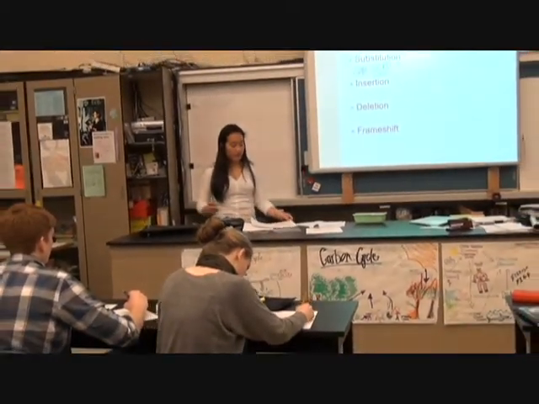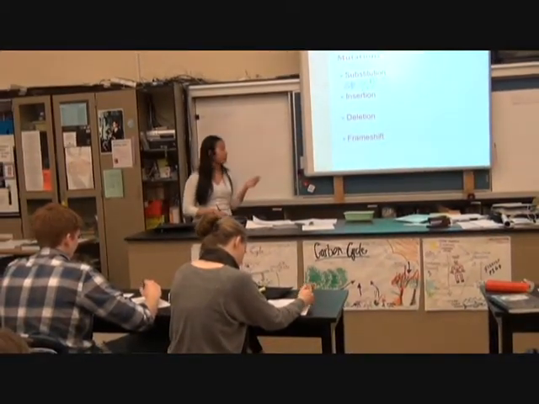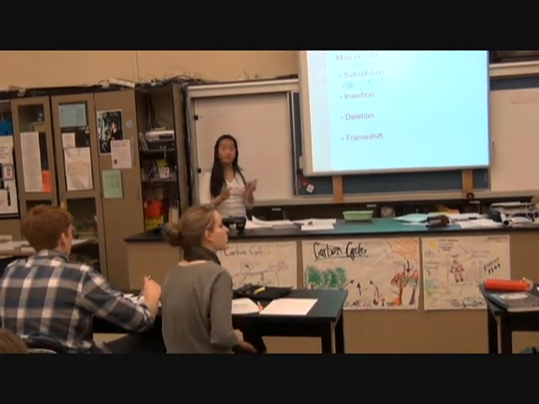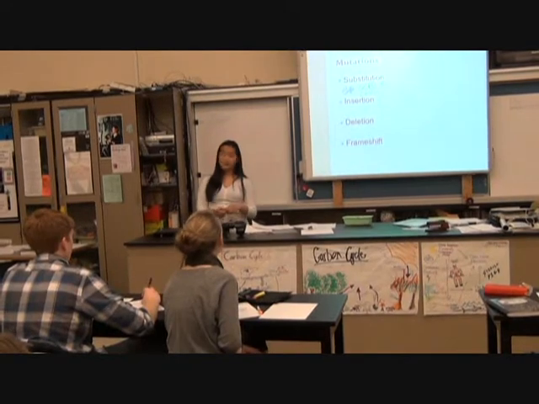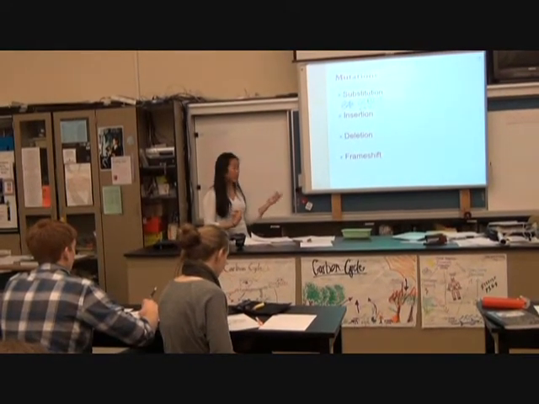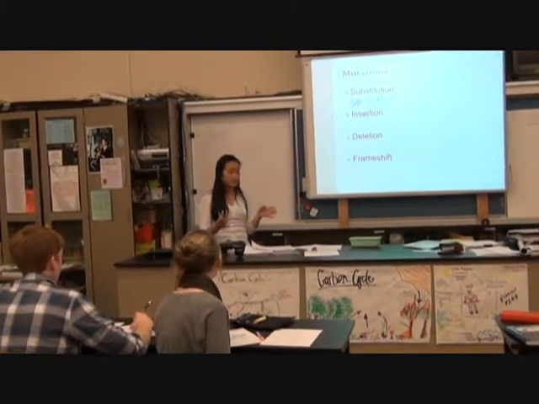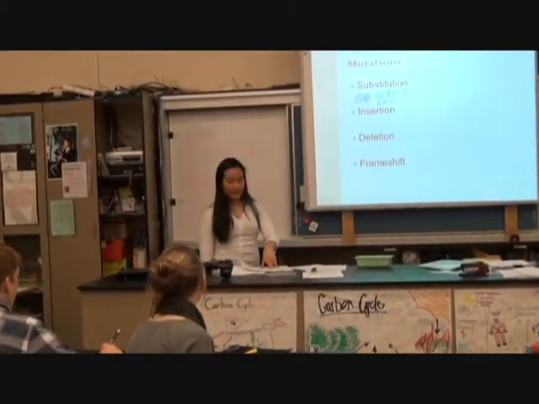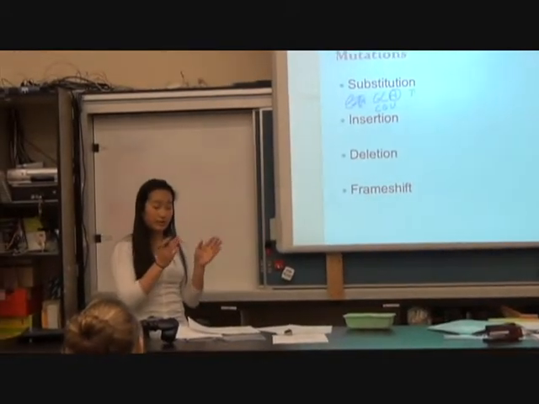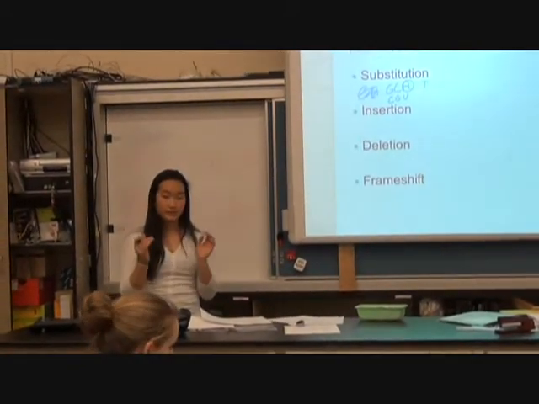And then deletion is where, like it sounds, a codon or nucleotides are taken out of the sequence. Both insertions and deletions will cause a frame shift, and a frame shift changes the way that the DNA is read into groups of 3.